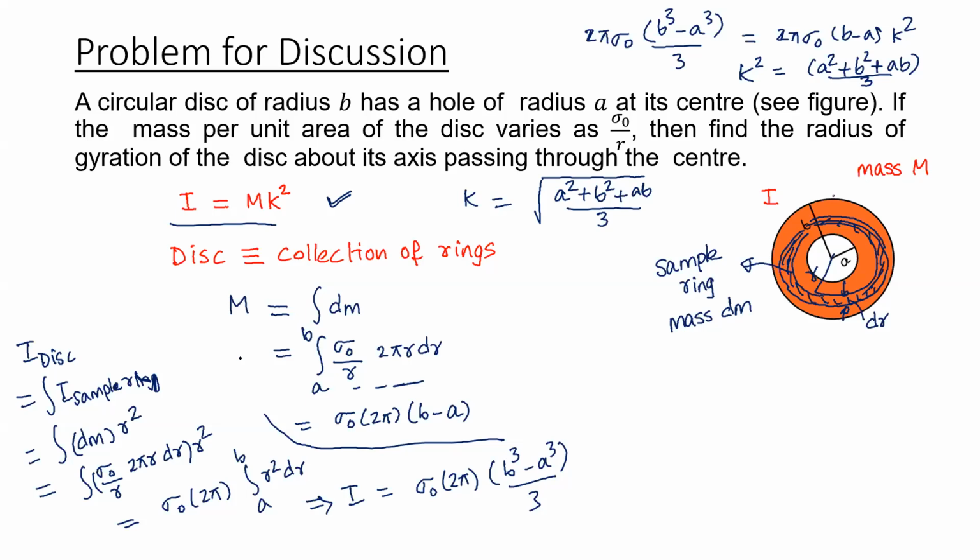Okay, and then on top of that, you still remember the moment of inertia for a disk, right? So it is mr square by 2. Now what we can do here is, anyway we have the answer, we will treat our disk with a hole as two objects.